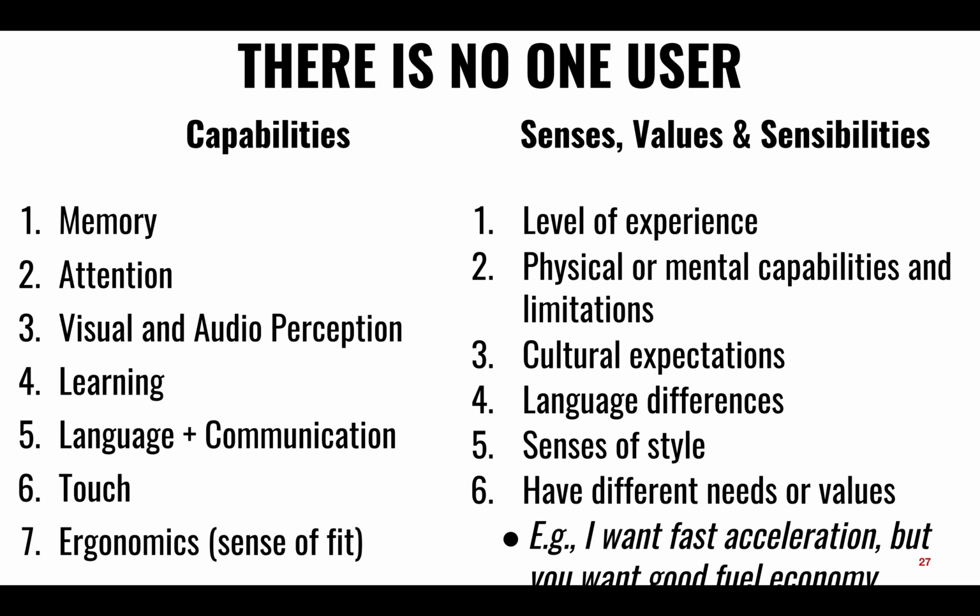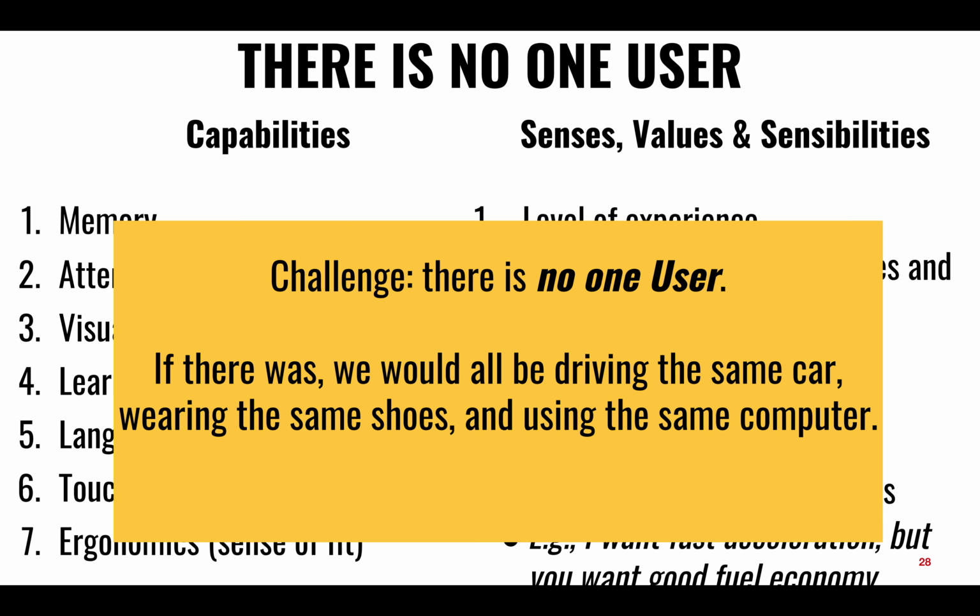I mean, there's all sorts of variability in the demographics that you might choose, right? Different senses of style, different cultures that they may come from, different languages, different sensitivities that you have to take into account. Very, very hard. There's no one user. So that's one of the biggest challenges, right? Who is your target audience?